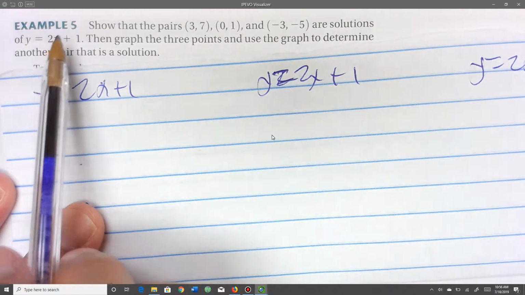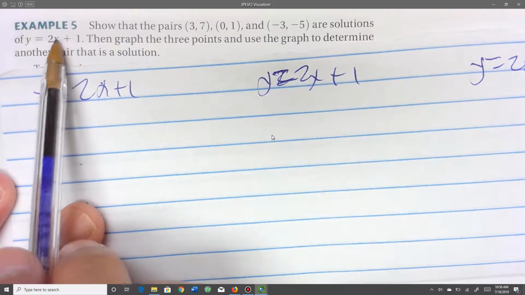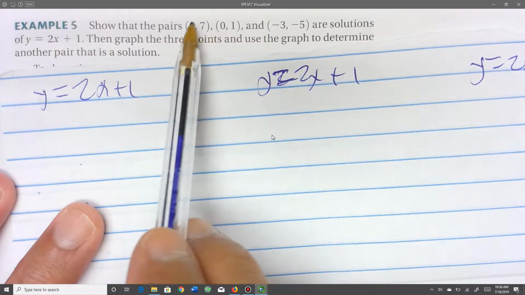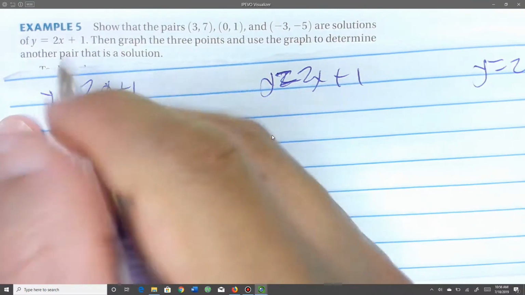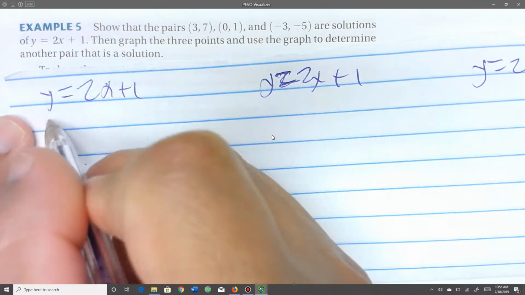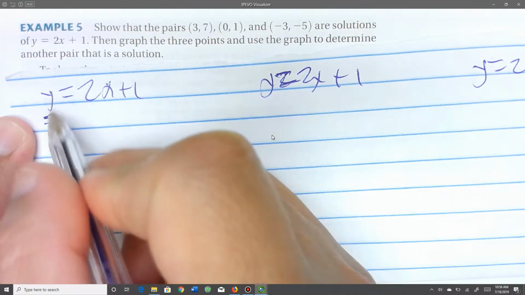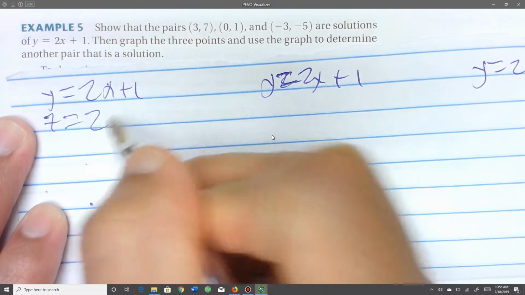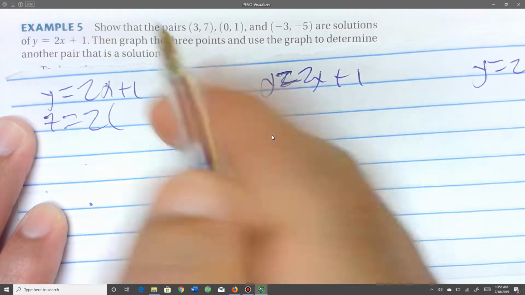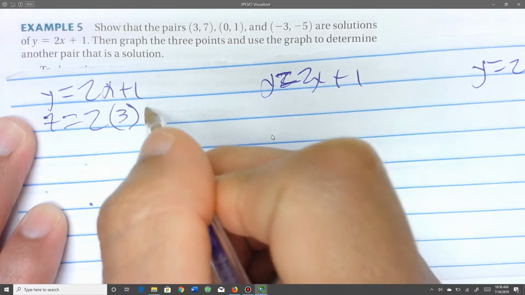In this case we have x and y variables. I know that x comes first in the alphabet, so 3 is going to be my x. Okay, so y is going to be the 7 there, so substitute 7 for y, and then substitute 3 for x.